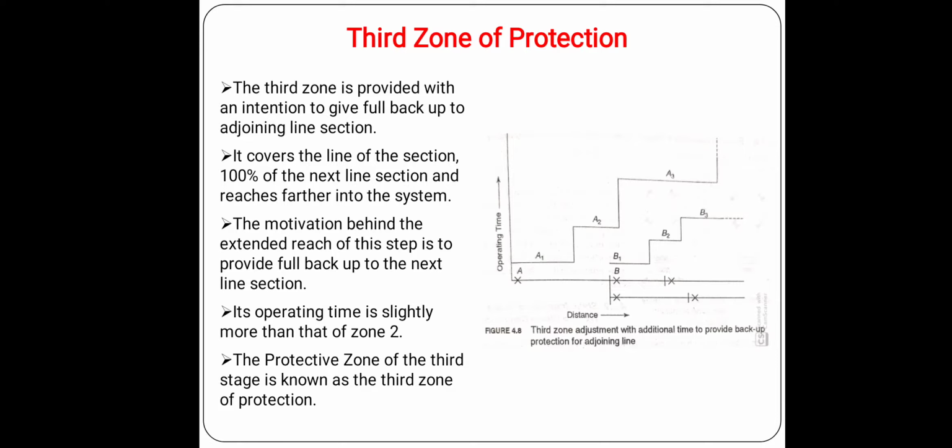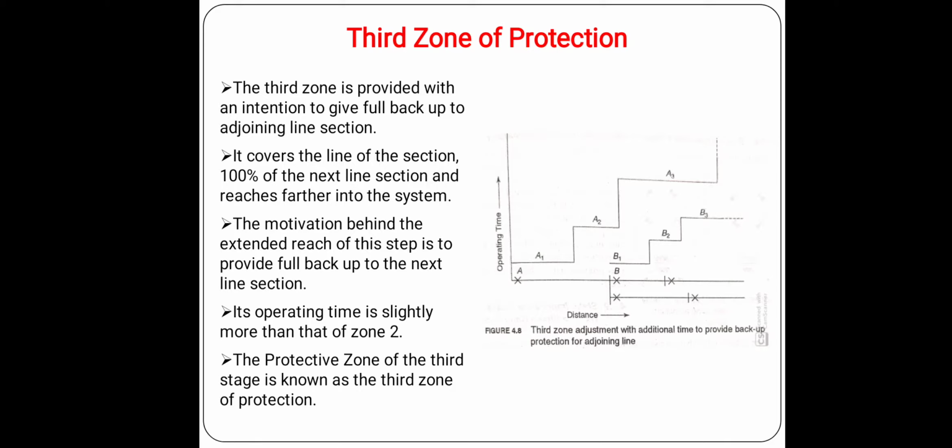Now we will see here, this is the third zone of protection. The adjustment of the third zone with additional time to provide backup protection for the adjoining line. That means for the third zone of protection, we need some backup protection. The third zone unit is provided for the backup protection of the adjoining line section.